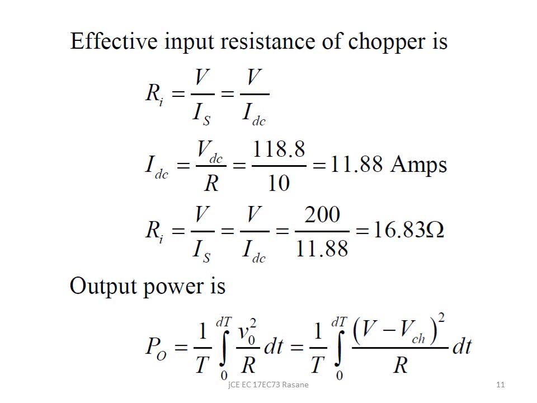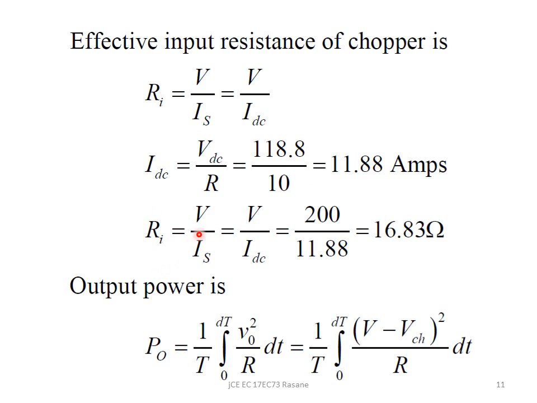Next, effective input resistance of the chopper we know is equal to V upon IS. IS is going to be the same as the load current, right? That is equal to V upon IDC. And how do we evaluate IDC? As VDC by R. VDC we have evaluated as 118.8 in the previous slide, divided by 10, and you should be getting 11.88 amps.